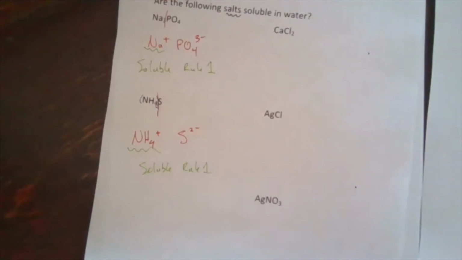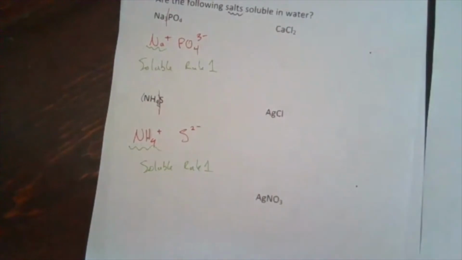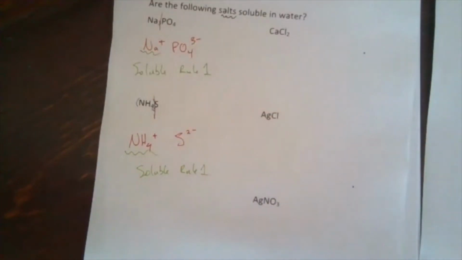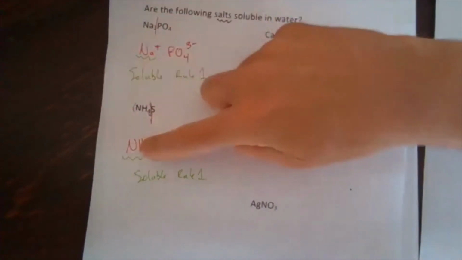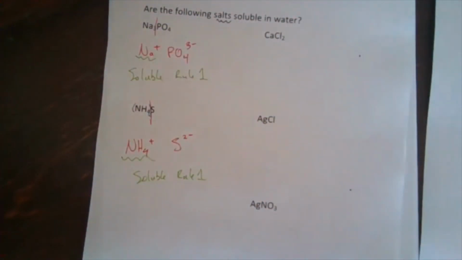If you're watching what we're using in lab, sodium and potassium sure do show up a lot in compounds, because they are always soluble. If you want to get sulfide or phosphate dissolved, both types of ions go out and dissolve together. So if you want to get an anion dissolved, you need a cation that's going to want to dissolve. Sodium and ammonium are both really good candidates to accomplish that.